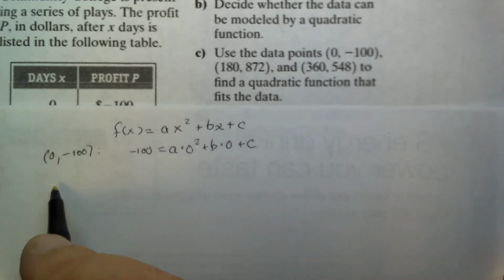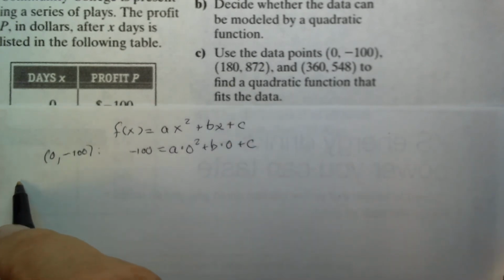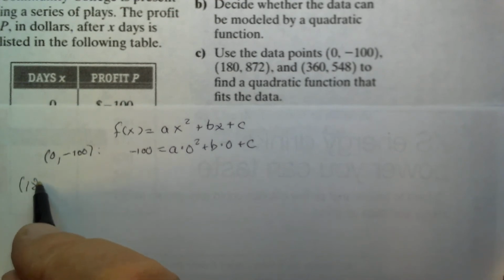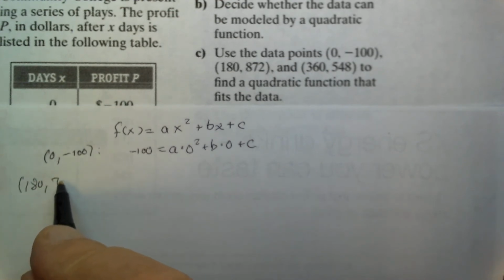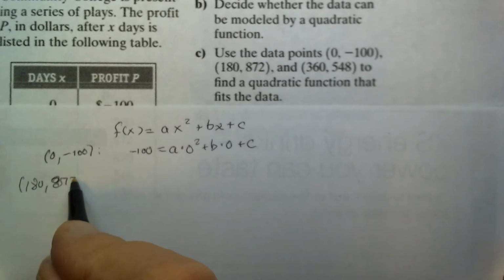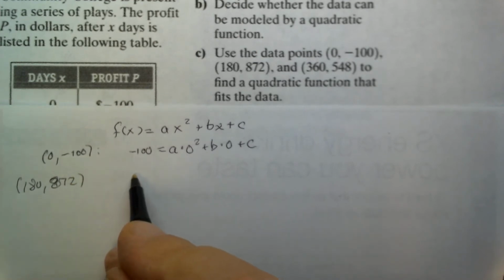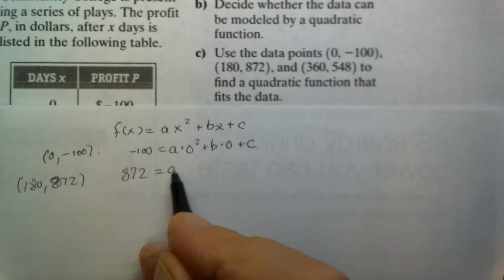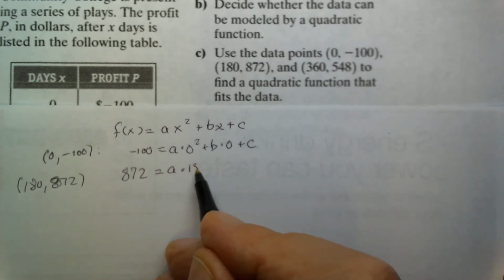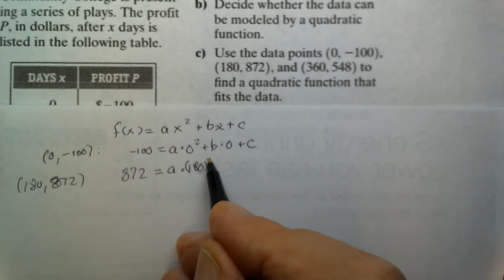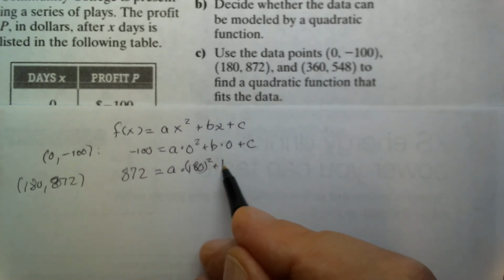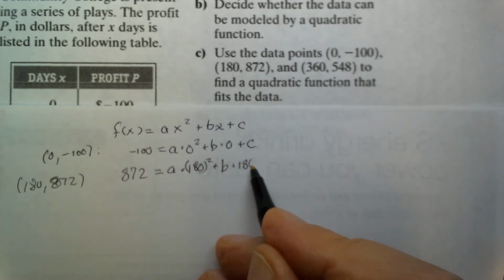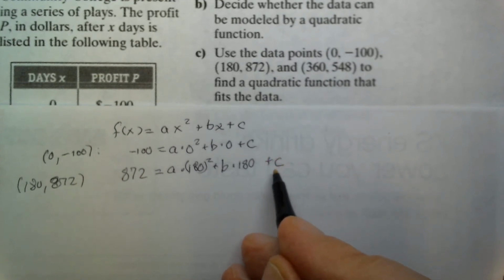That's the first one. And then for the next data point, 180 and 872, we have 872, the function value, equals a times 180 squared plus b times 180 plus c.